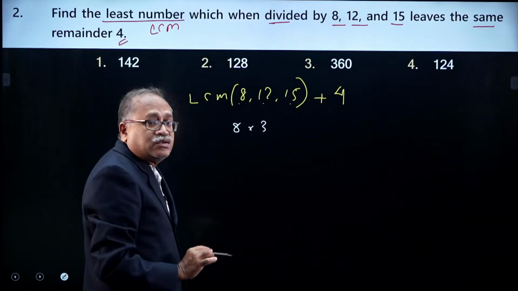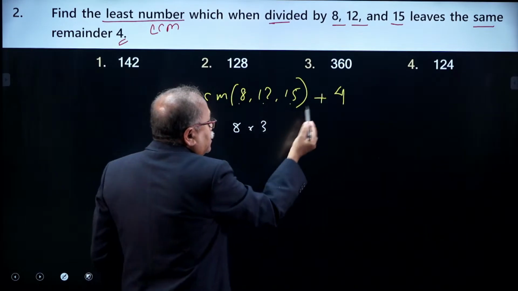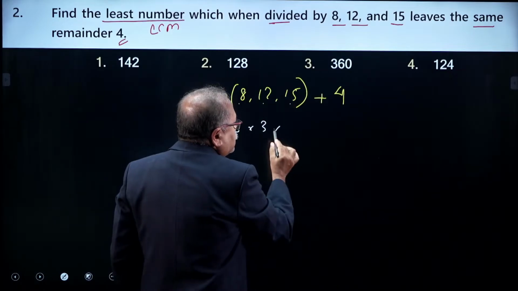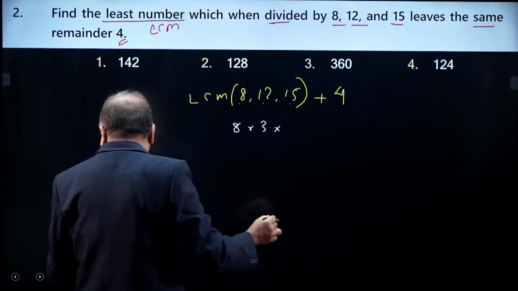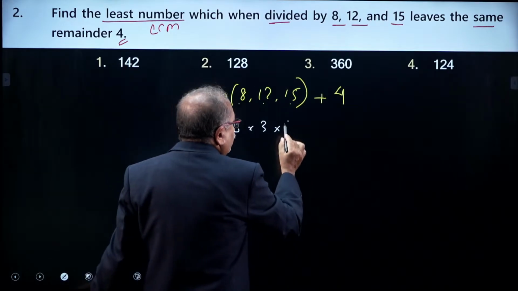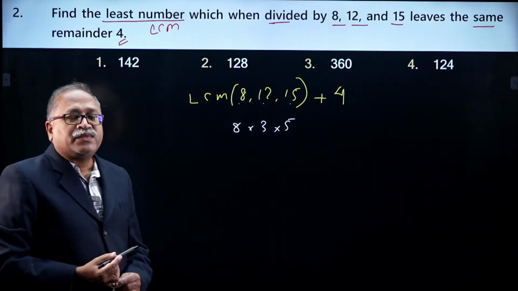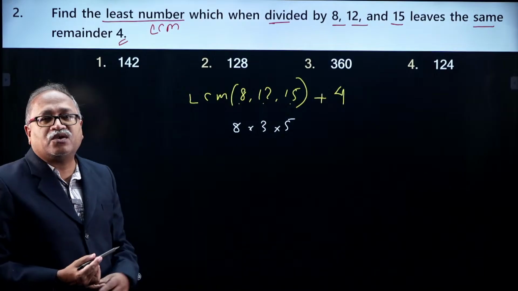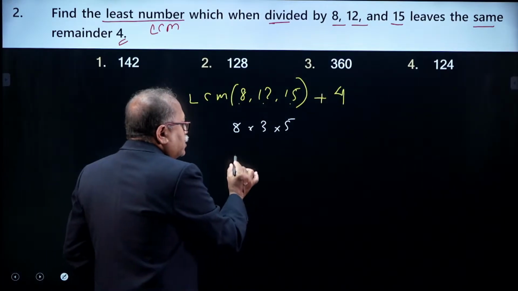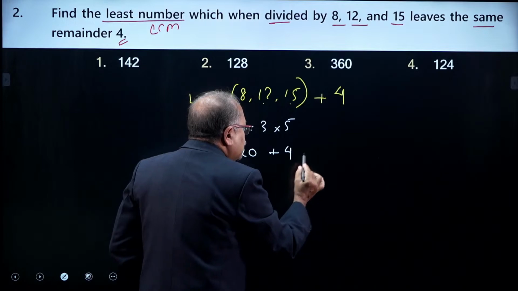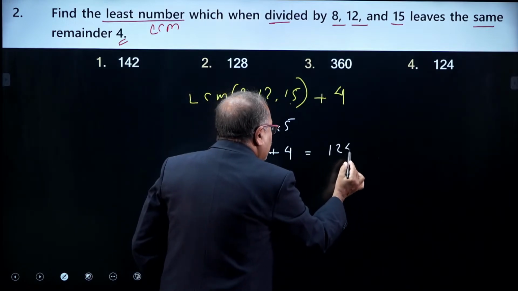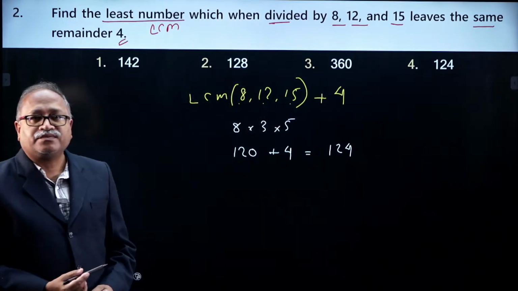The next prime number is 5, only one 5 is there. The next power is 25, next is 125 and so on. This is what the LCM is. 5 8s are 40, 4 3s are 12, 40 3s are 120. So here I am getting 120, I need the remainder of 4, so plus 4 and the number is 124.